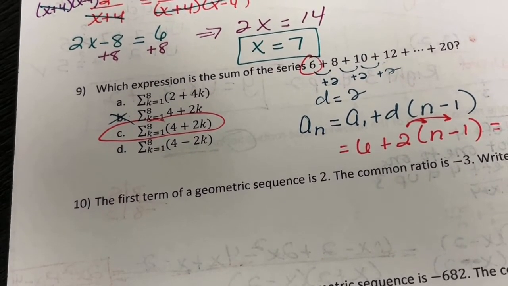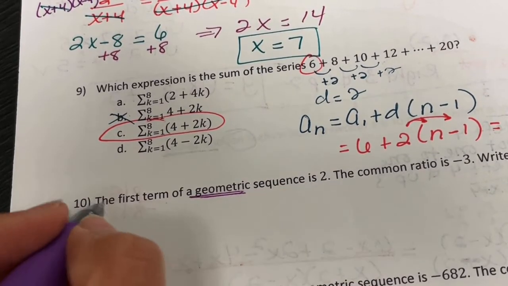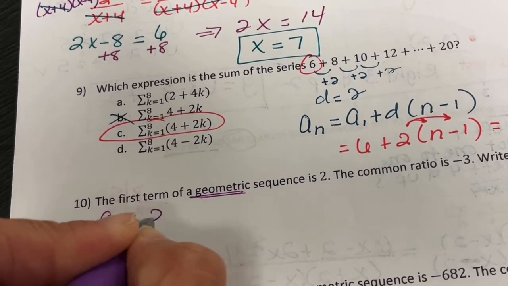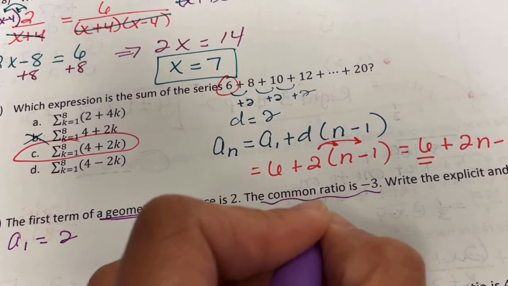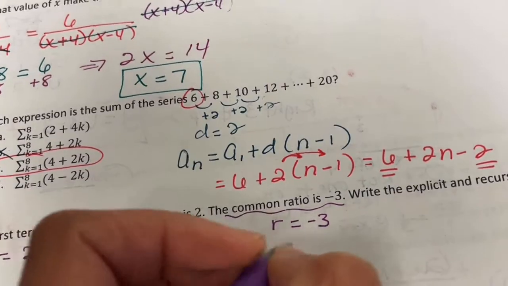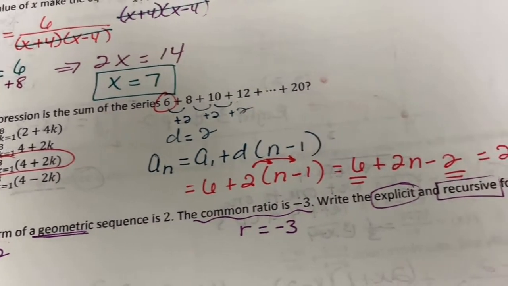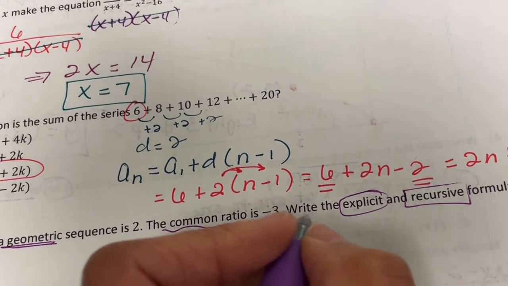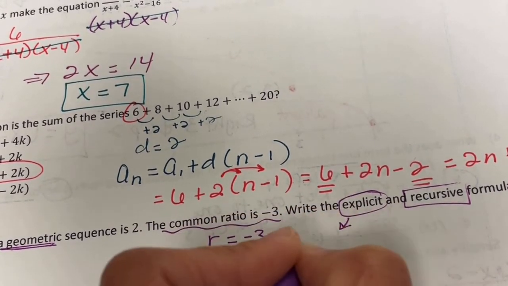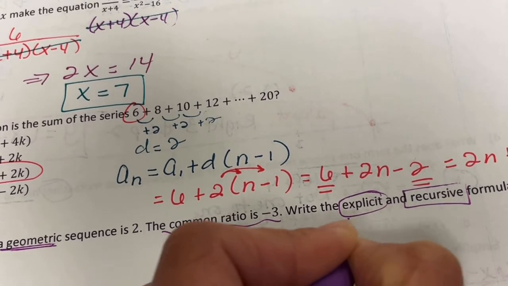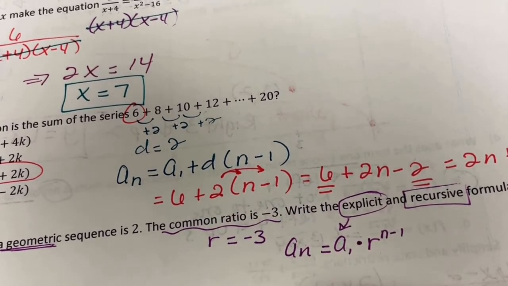All right, number 10 says the first term in a geometric sequence is 2. So a1 is 2. The common ratio is -3, so r equals -3. It says write the explicit and recursive formula. So for a geometric sequence, the explicit formula is a sub n equals a1 times r to the n minus 1 power.